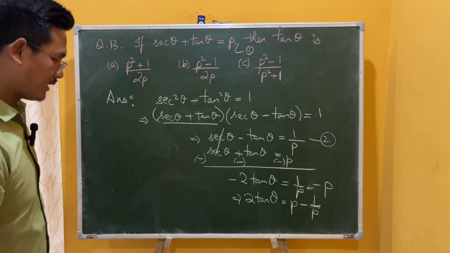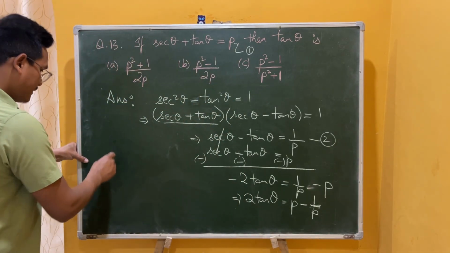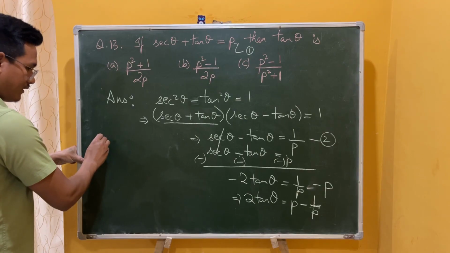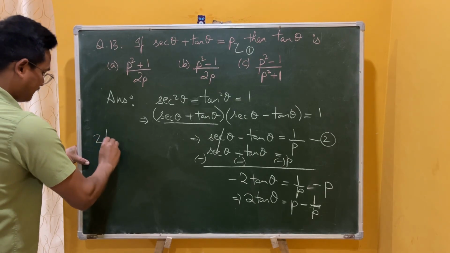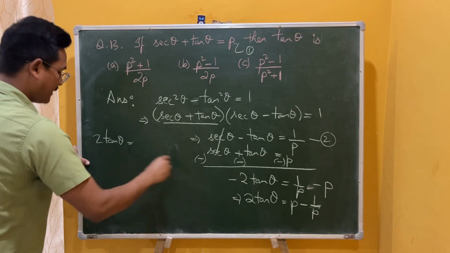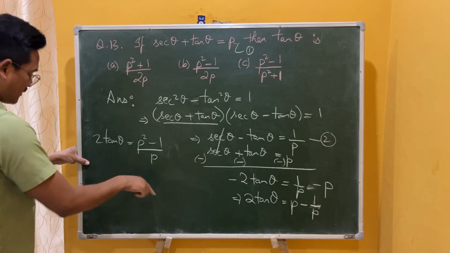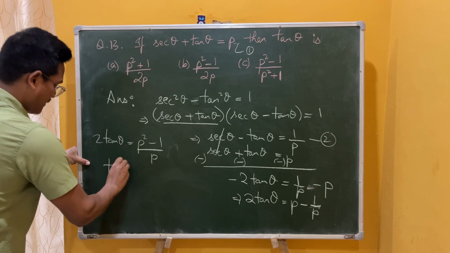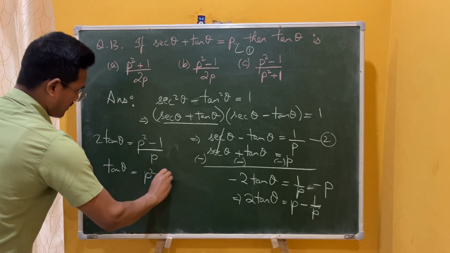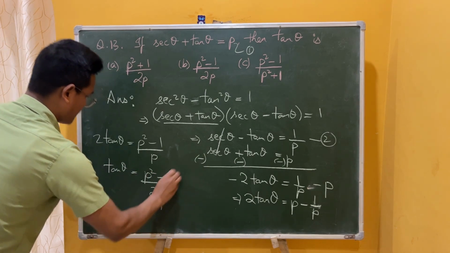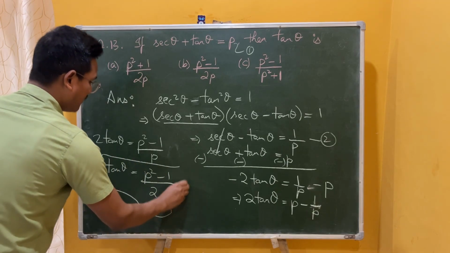Yes. Next, we are almost there. If you take the LCM, it's p square minus 1 upon p, and you take this 2 to the other side. So this is our answer.